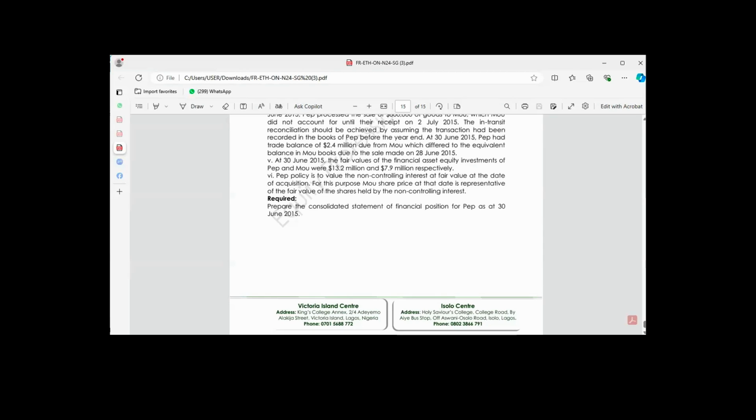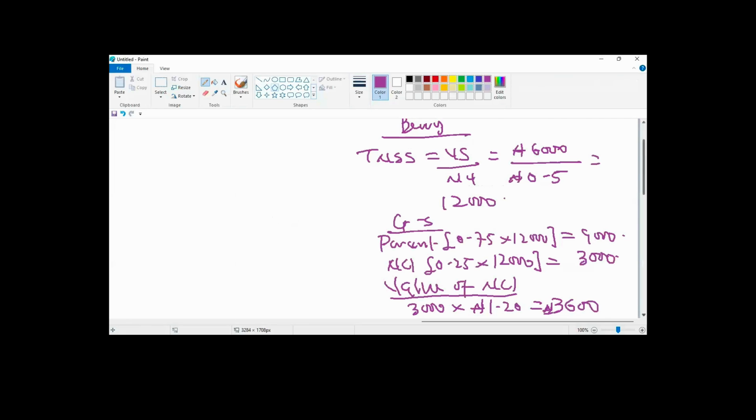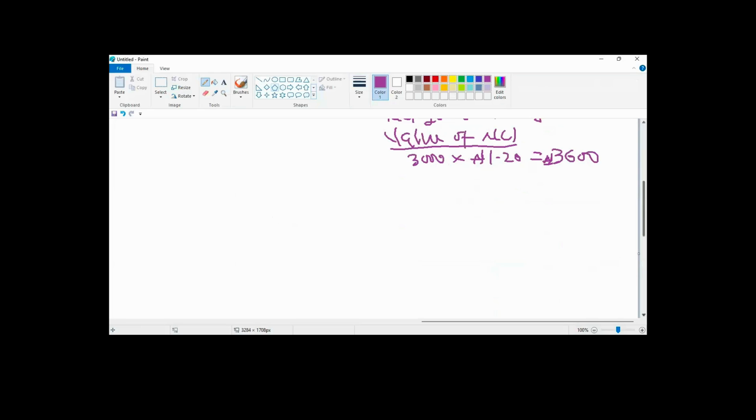So for PEP now, that's giving me the group structure. Parent is 75%, NCI is 25%.